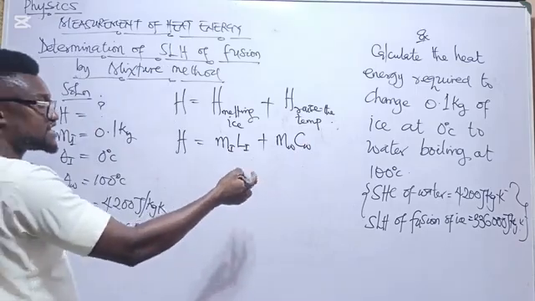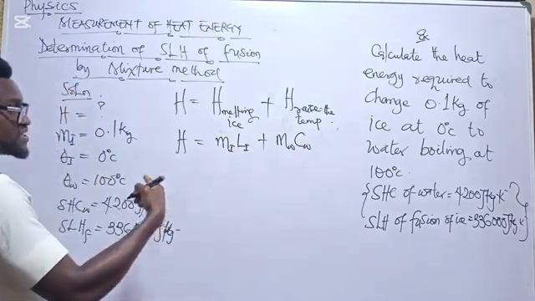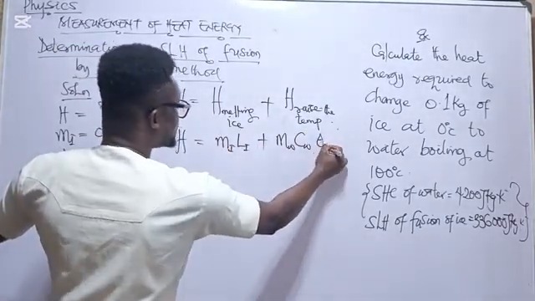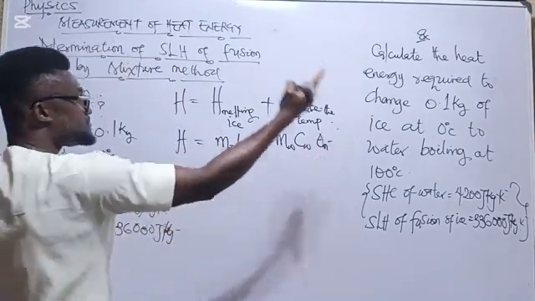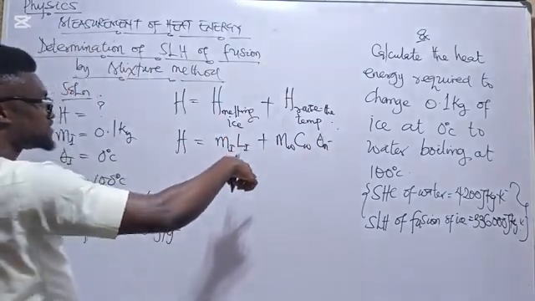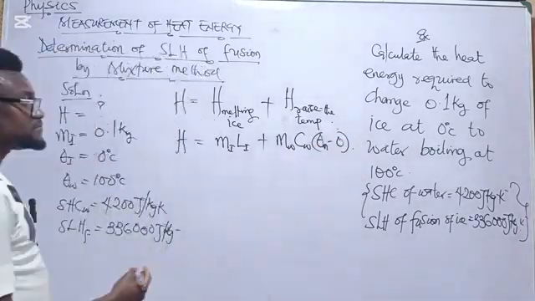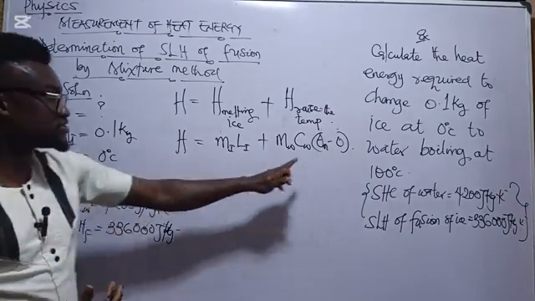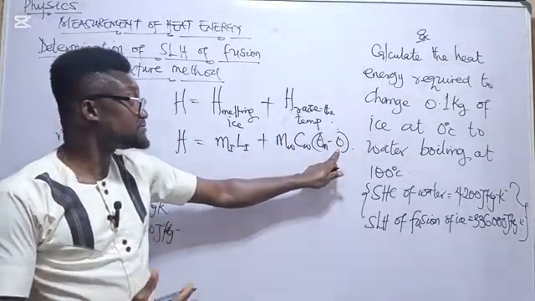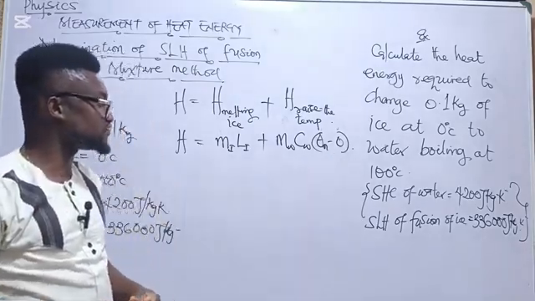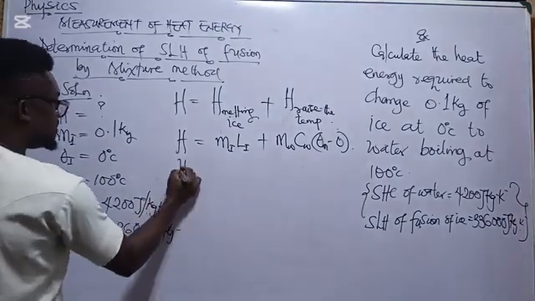So in this case now, the temperature has to be increased. Hence, we talk about the final temperature, which is the temperature of the mixture, minus initial temperature, which will now be zero. That's the temperature at which it starts to melt, 0 degrees Celsius. The temperature to which it was raised is 100 degrees Celsius.